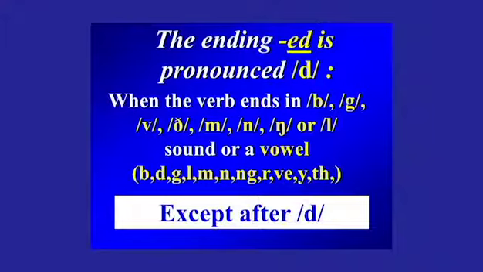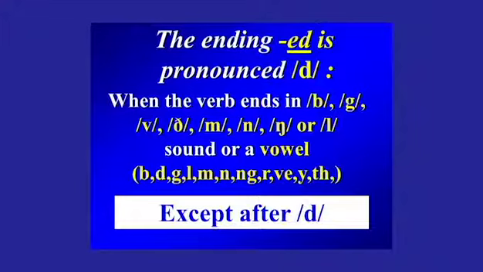Fíjense que tenemos dos columnas. En una tenemos la pronunciación, por eso está entre barras, porque es la pronunciación, no la letra como aparece en el alfabeto. But we have an exception, and that is after D, you don't pronounce it like that.